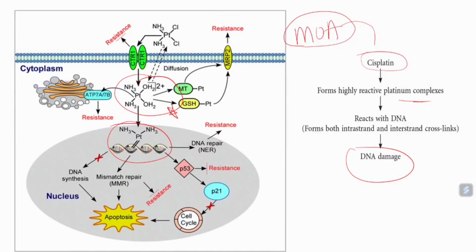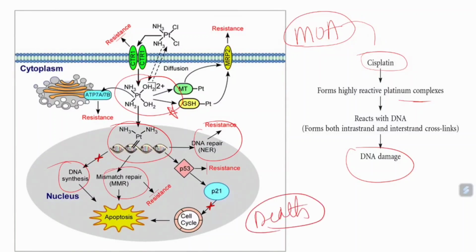Like other drugs, these platinum containing heavy metals are non-cell specific drugs. When the drug enters the cell, it enters the DNA, forms crosslinks, and interferes with DNA repair. It stops DNA synthesis, causes mismatch in repair, and causes death of the neoplastic cell.